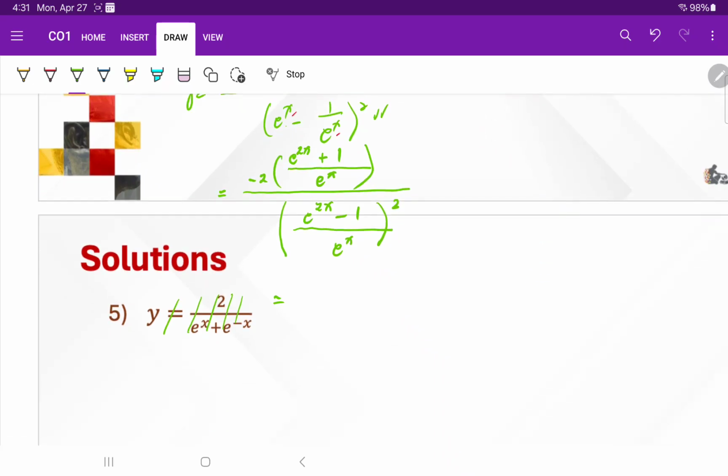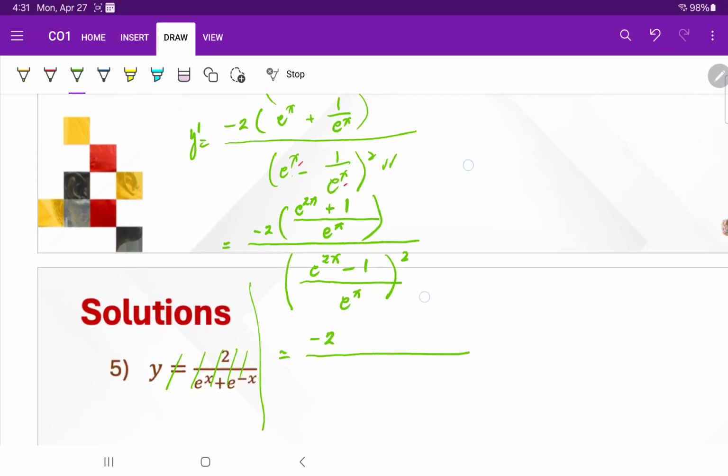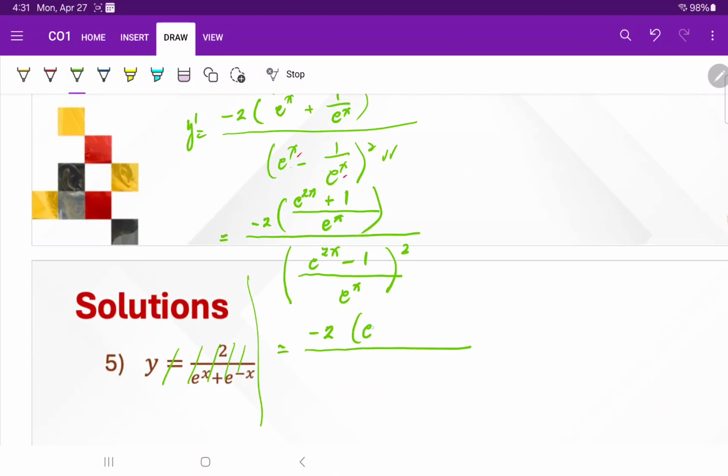So if we continue simplifying, then what happened with the numerator? Negative 2 times e to the 2x plus 1. Sorry, yeah, the e to the 2x plus 1 should be here, right?